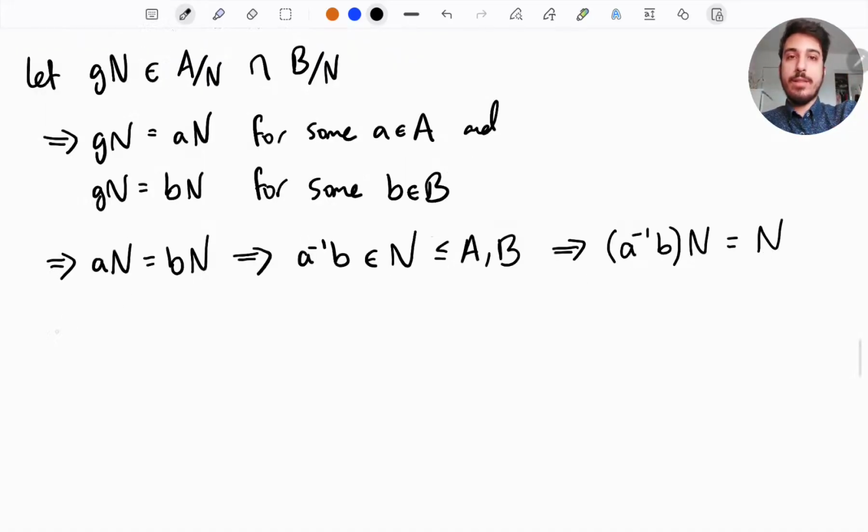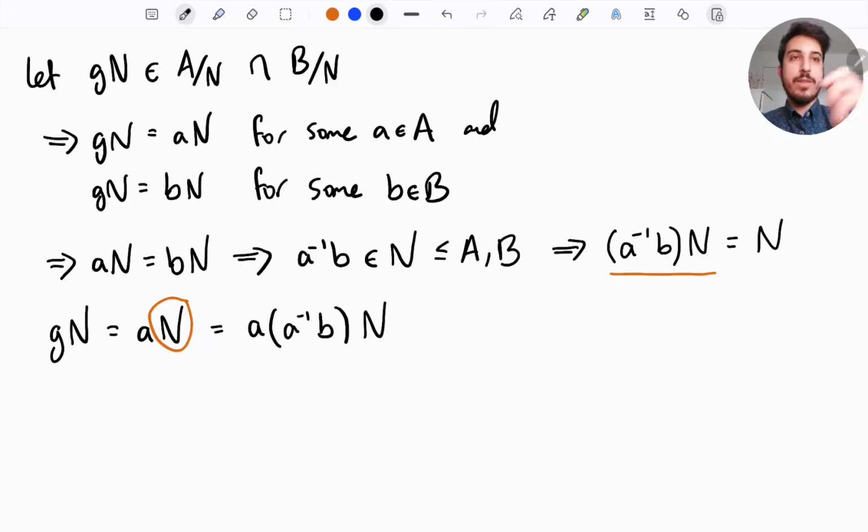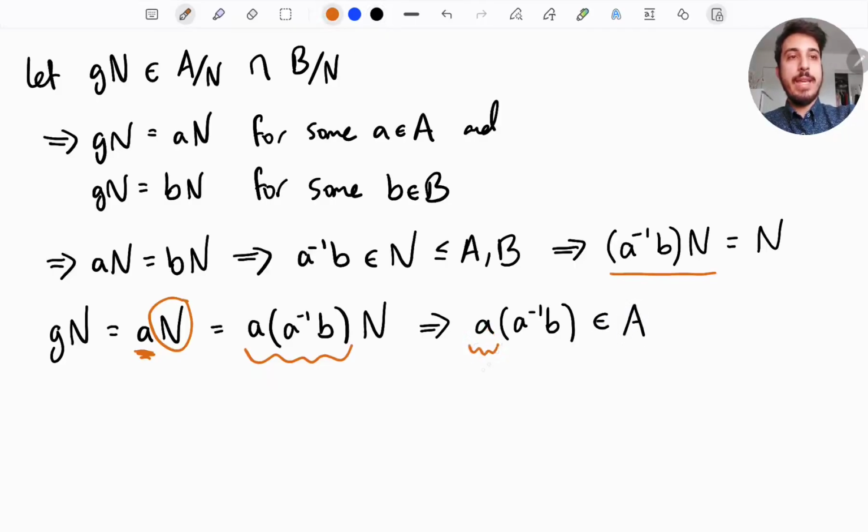And now, if you look at gN, well, gN, we've said it's equal to aN. And we can replace now N by this, a times a inverse bN. So all of this is some element a in A. a times a inverse b is some element in A, and we know that a is in A, and that a inverse b is not only in A, but also in B because of this.